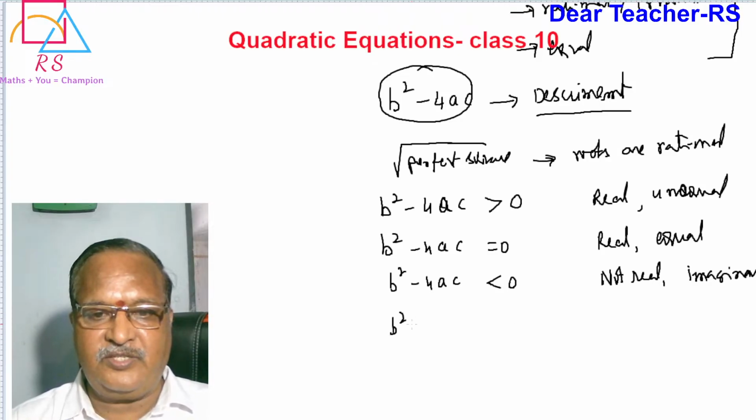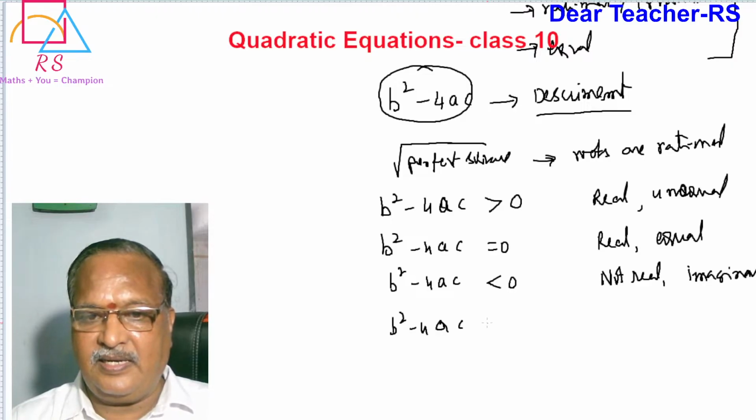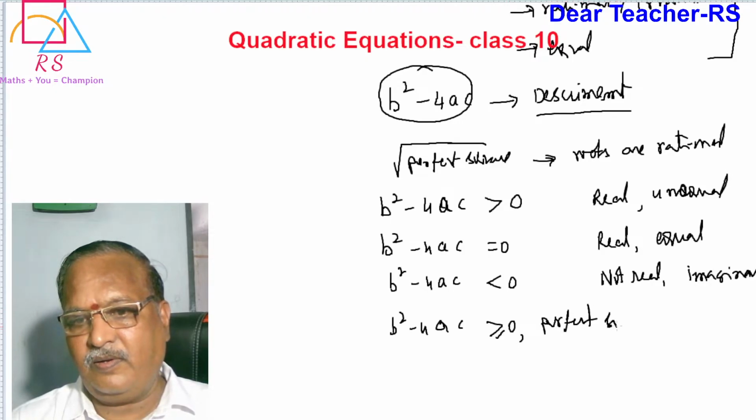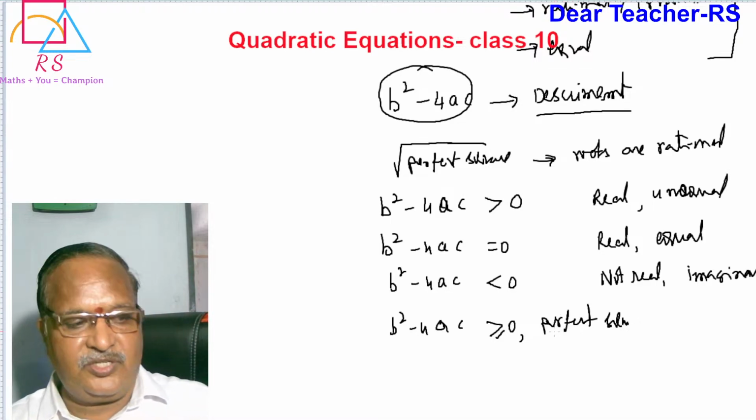If b square minus 4ac is greater than or equal to 0 and a perfect square, then the roots are real and rational.